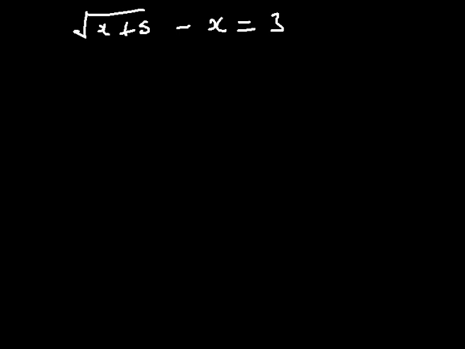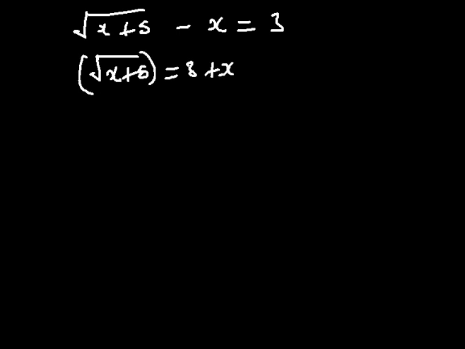So how do you think we should handle this? First thing, ensure that the expression with the radical is the subject of the formula. So we have the square root of x plus 5, which is equal to 3 plus x.